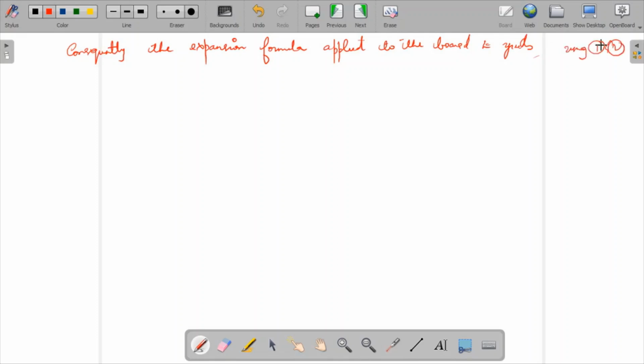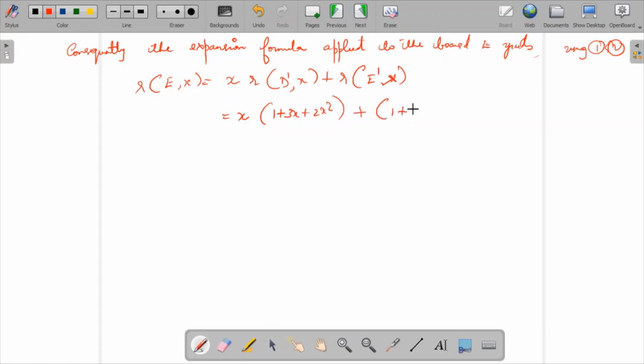Using 1 and 2, R of E comma x would be nothing but x into R of D dash of x plus R of E dash of x. That would give me x into 1 plus 3x plus 2x square plus 1 plus 6x plus 10x square plus 4x cube.